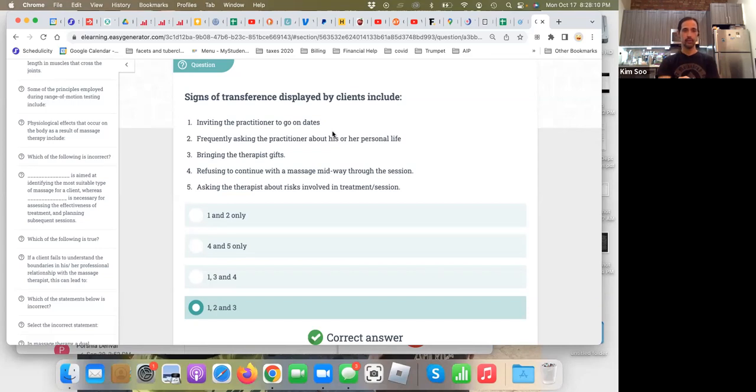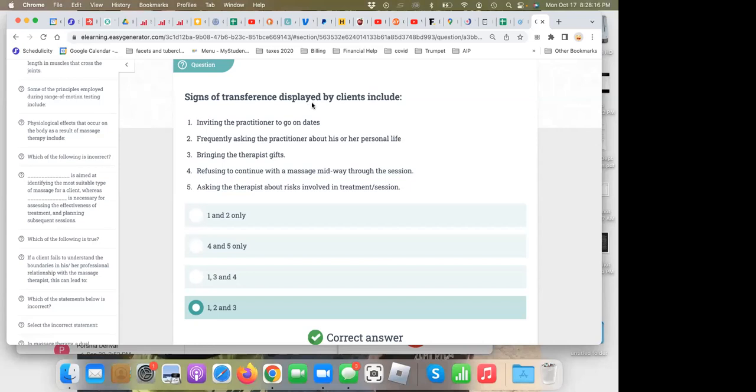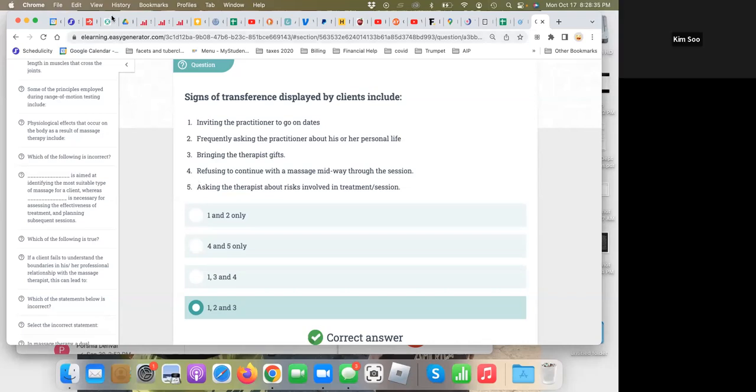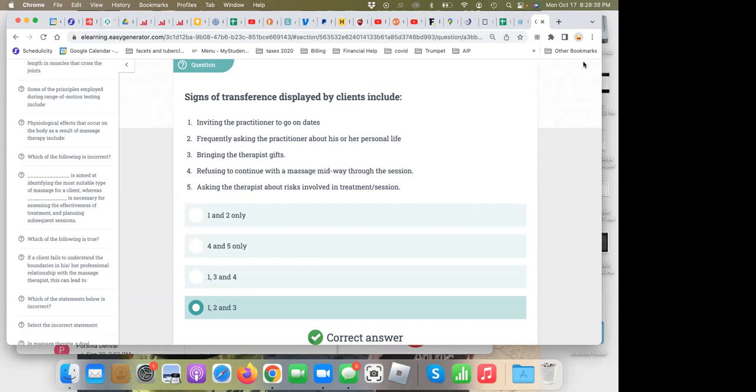Now, are we clear on why refusing to continue the massage midway through the session is not transference? Okay. It's drawing a boundary? Yes. Good. And are we clear why asking the therapist about the risks involved in the treatment is not transference, but it's informed consent? Okay, great.